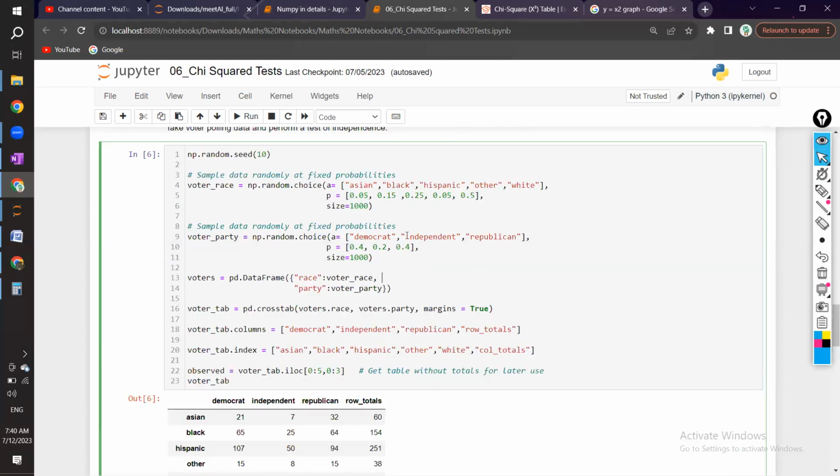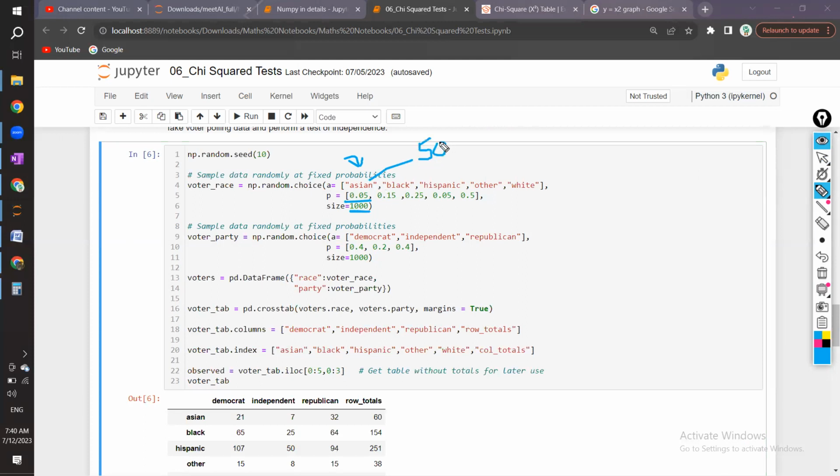See, guys, the way you need to understand here is, out of 1,000 people, you are creating Asian with 0.05 percentage. That means how many people is that? Out of 1,000 people, create Asian with a probability of 0.05. That means how much count you will get out of 1,000?